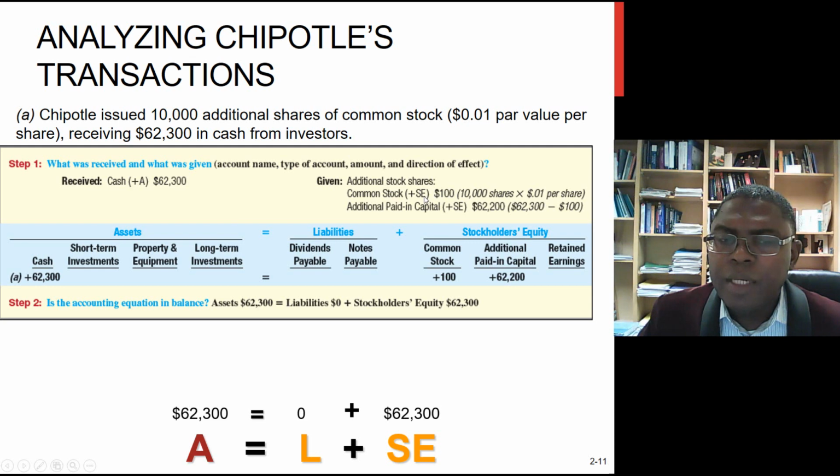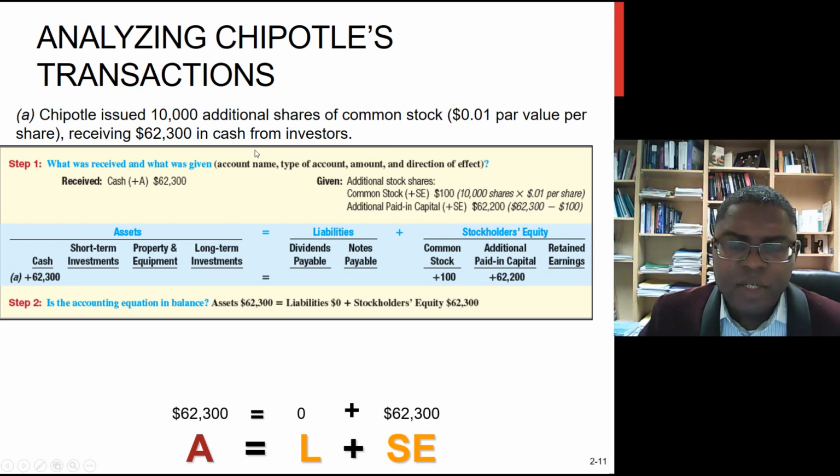But what the company received as cash was $62,300. It implies that the other money came in as additional paid in capital. So if we take this cash receipt minus the common stock, we end up with $62,200, which is additional paid in capital.